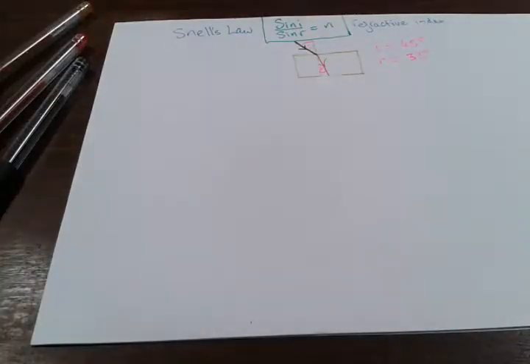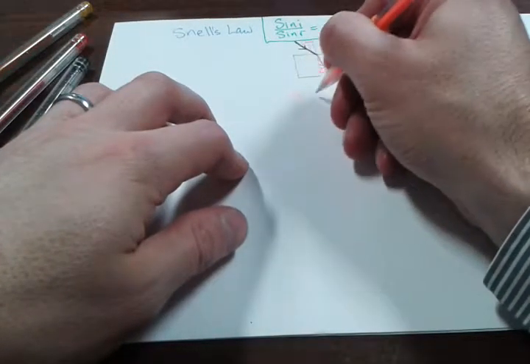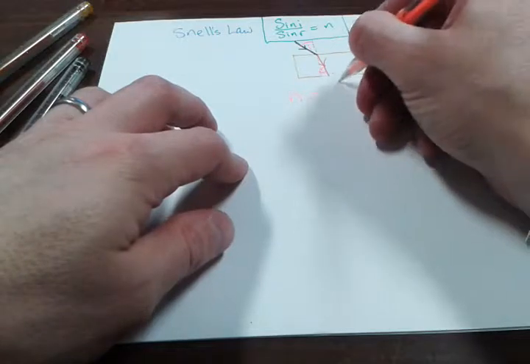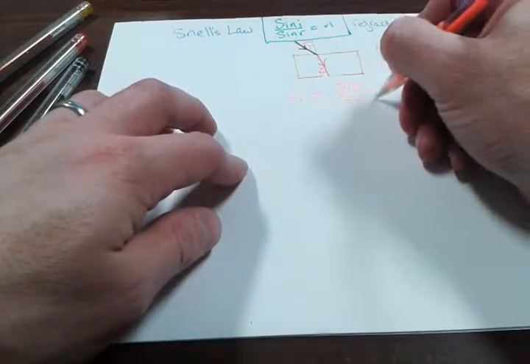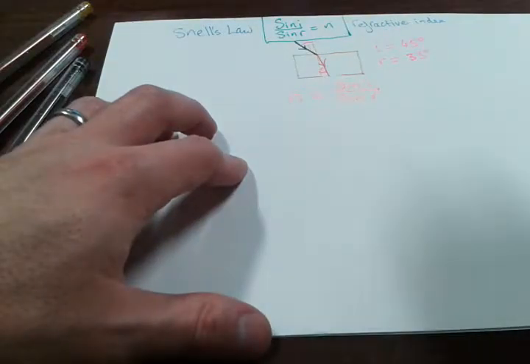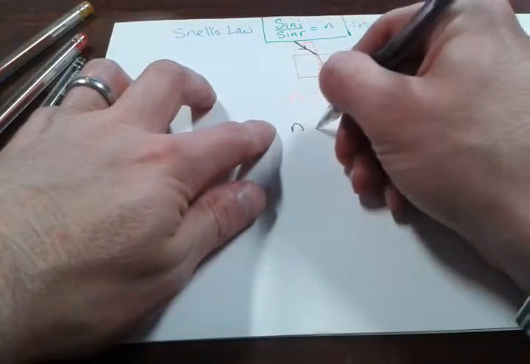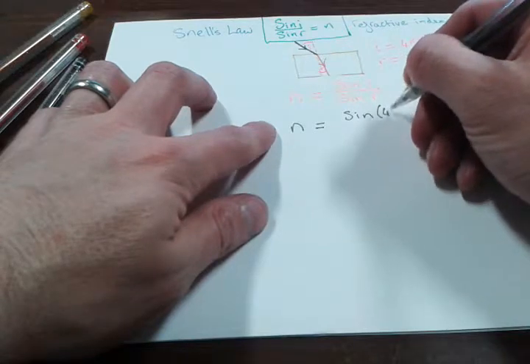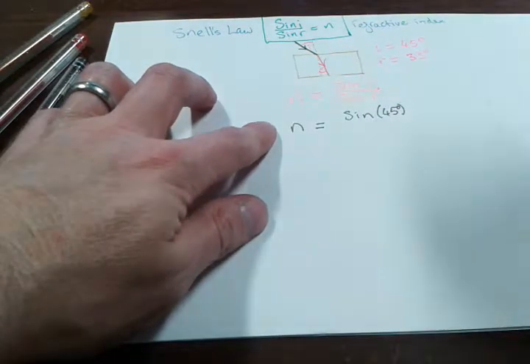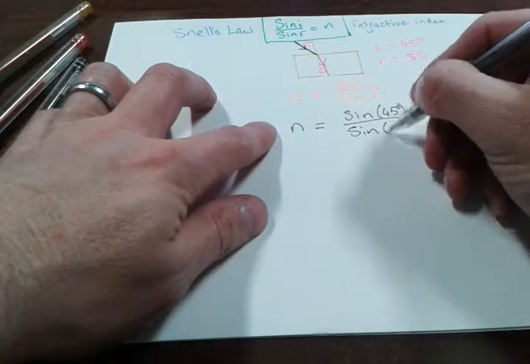We use this relationship: n is equal to sine i over sine r. We have to fill in all our values first. So n is equal to the sine of 45 degrees over the sine of 33 degrees.